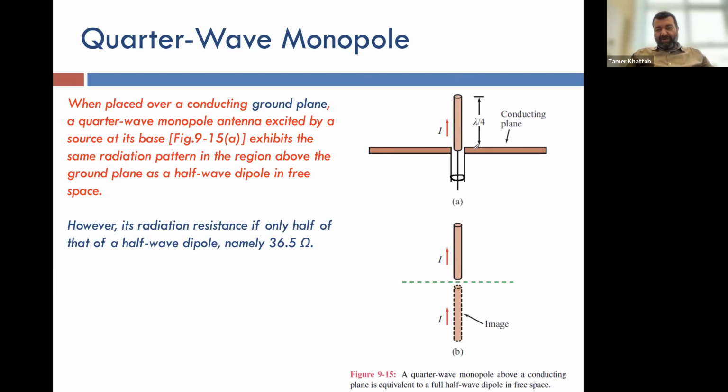We call that the quarter wavelength because the length here is lambda by 4. Again, if you do the electromagnetic analysis, but you are not required to do it, you probably have touched upon something called the method of image in your electromagnetics course, whether in physics 2 or the electromagnetics course.